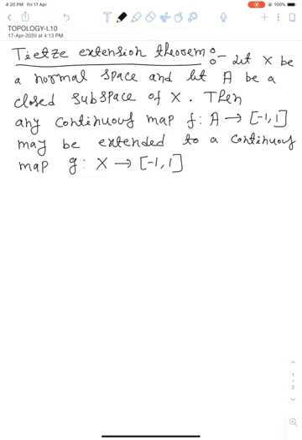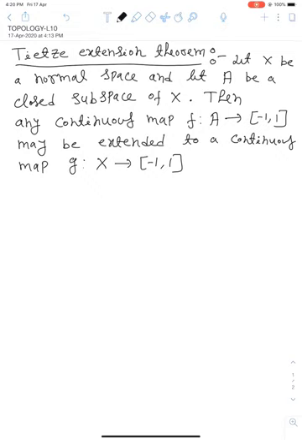That means you have a continuous function from A to the closed interval [-1, 1], and this theorem says if X is normal and A is a closed subspace of X, then that function f can be extended to a continuous function G from the whole space X to [-1, 1].